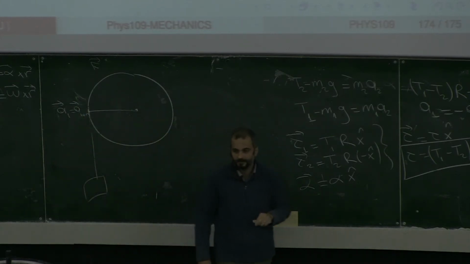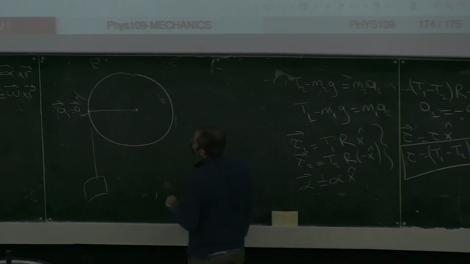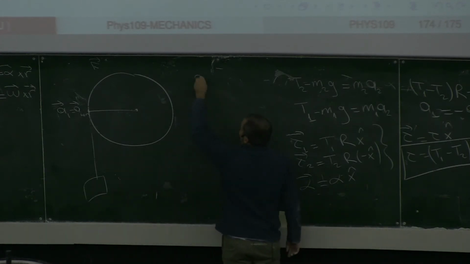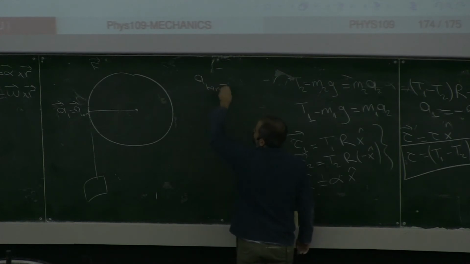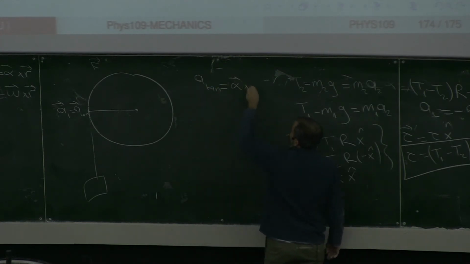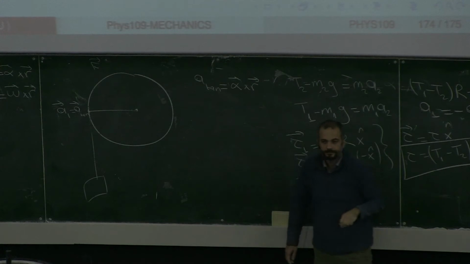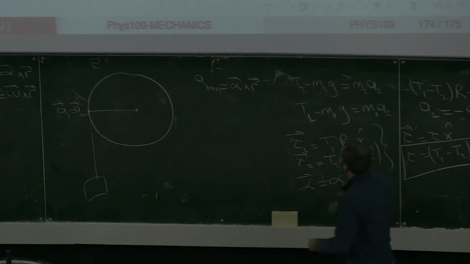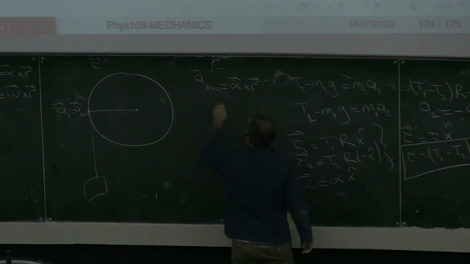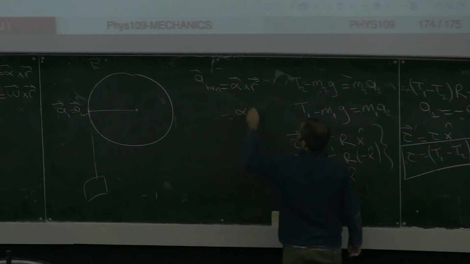of that point. And the tangential acceleration of a point is alpha cross R. Now, alpha is alpha x hat.